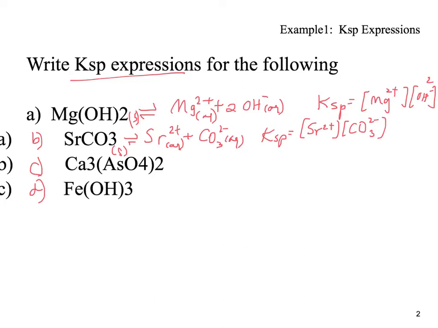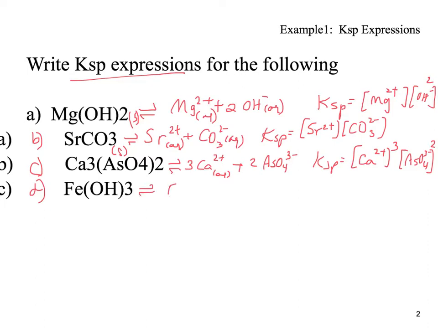If you look at calcium arsenate, that's going to give you 3 calciums plus 2 arsenates. So your KSP will look like calcium raised to the power of 3, arsenate raised to the power of 2. Iron hydroxide: Fe3+ and 3 hydroxides.